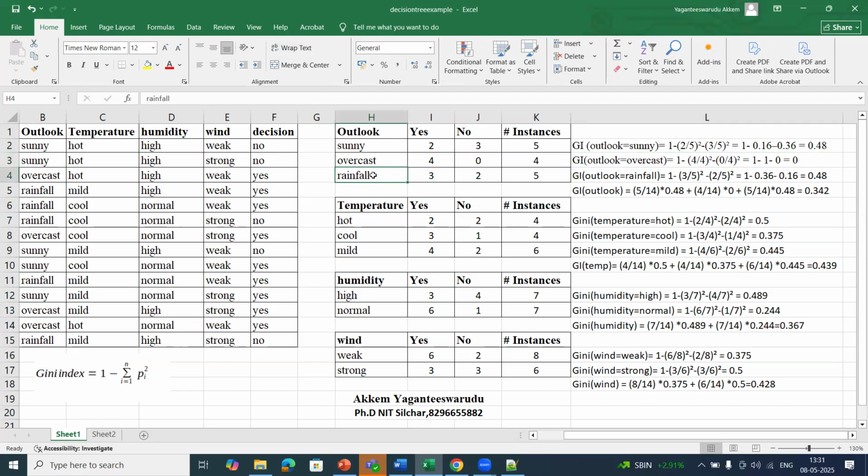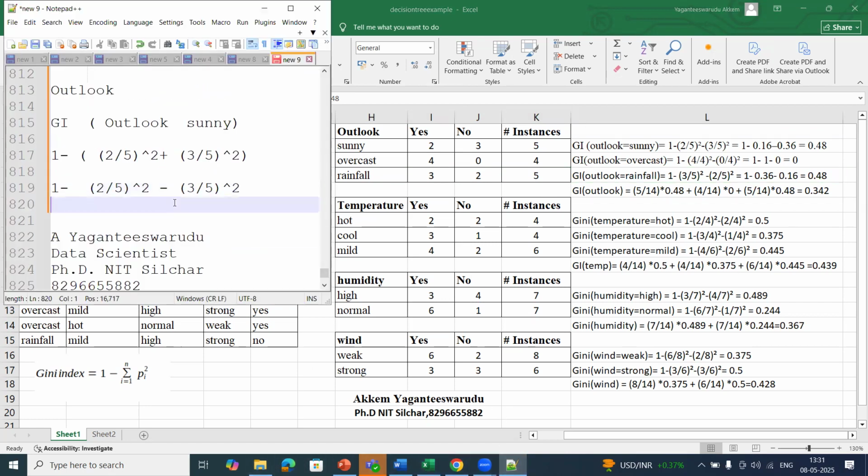And similarly, for rainfall the probability for yes is 3 by 5 and for no is 2 by 5, and the Gini index for rainfall is 1 minus 3 by 5 whole square minus 2 by 5 whole square, that is 0.48. Now see here how I can calculate the final Gini index.